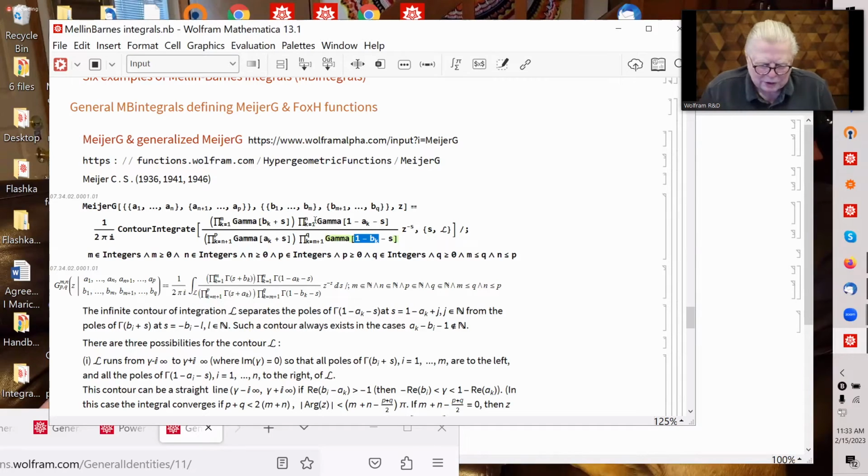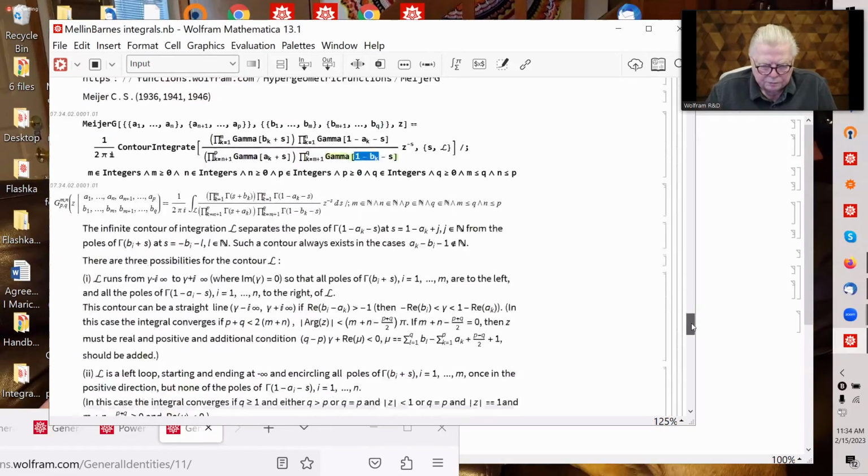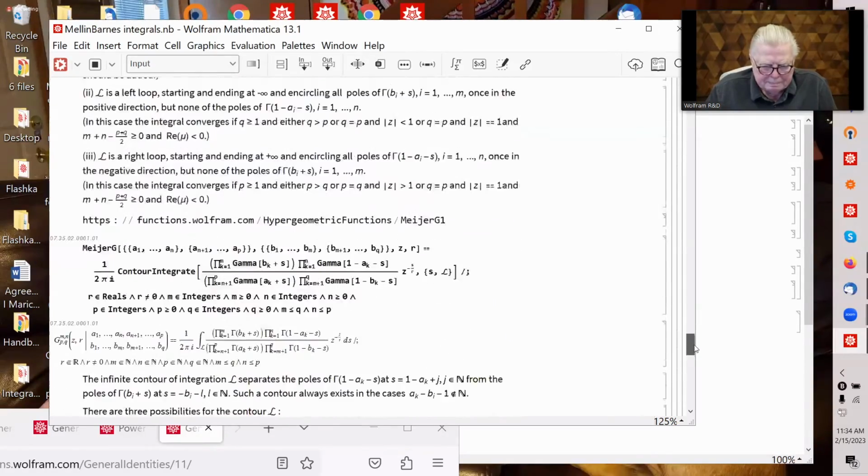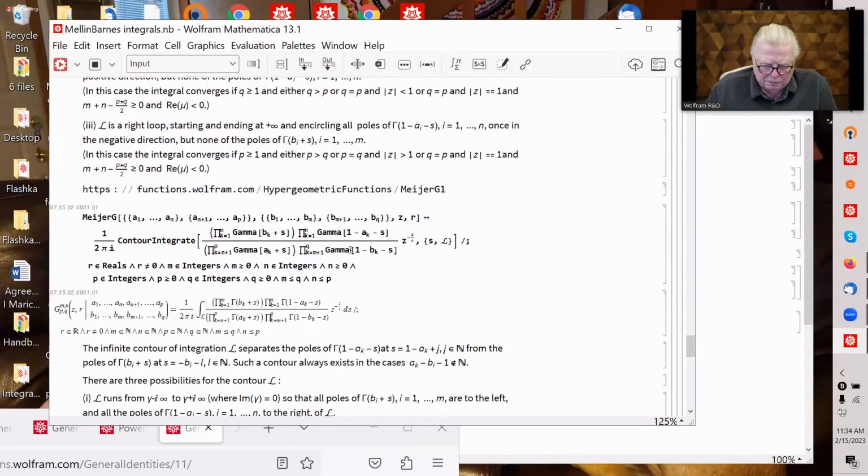I was at that time in Minsk, Belarus. So here I described the contour. Here we see the function which I derived.